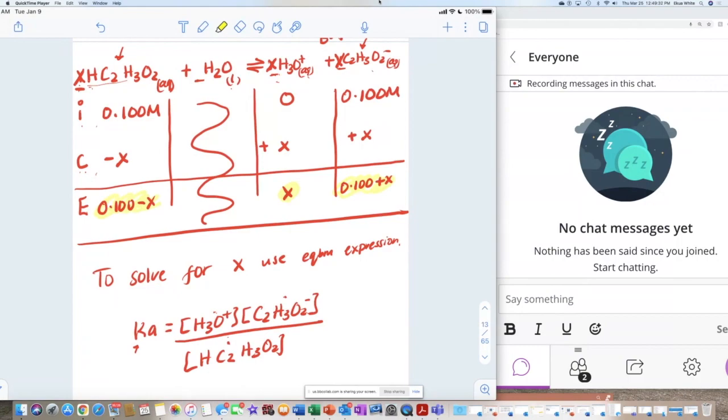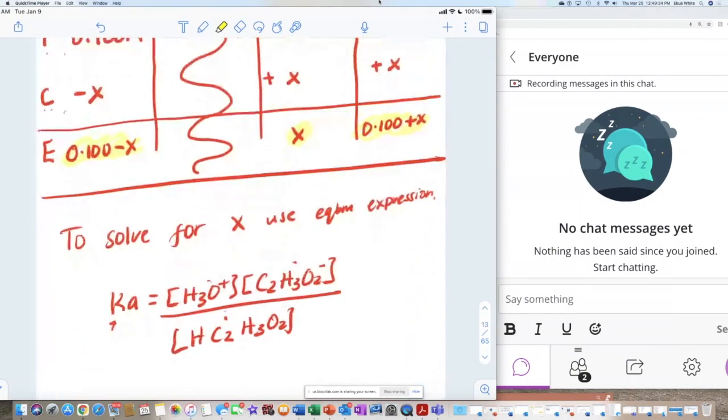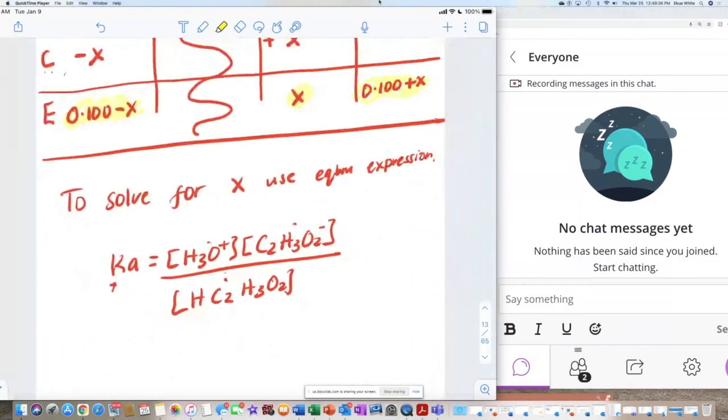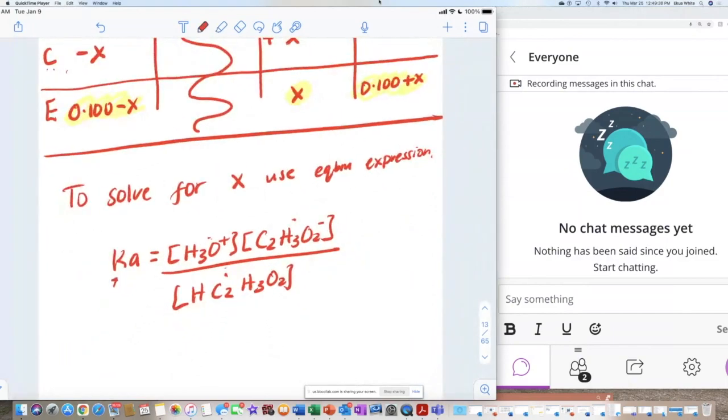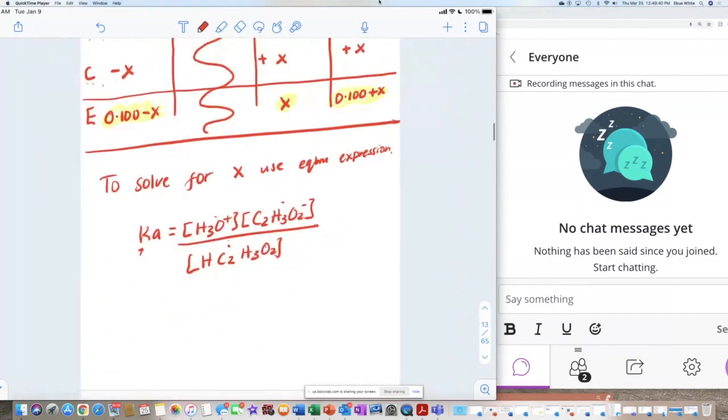To put initial ones, I have to use Q. So I know what Ka is. I can bring that in here. Ka is 1.8 times 10 to the power negative 5. That Ka always goes with the acetic acid equilibrium.